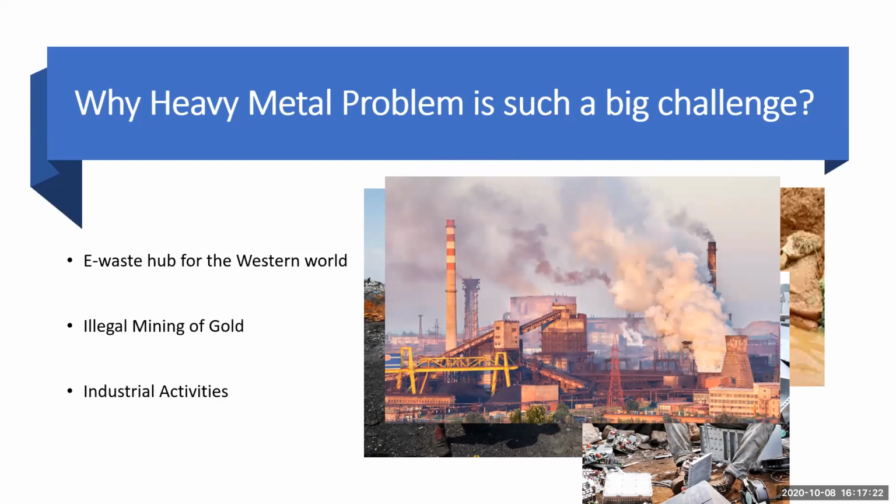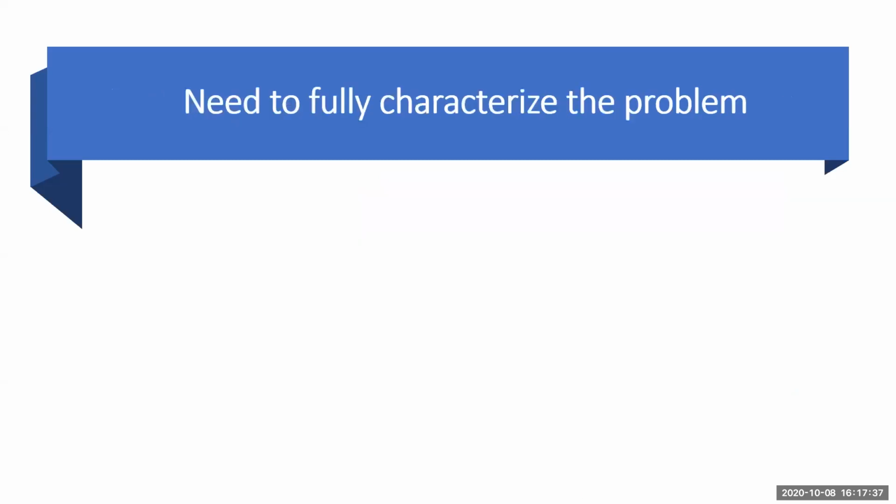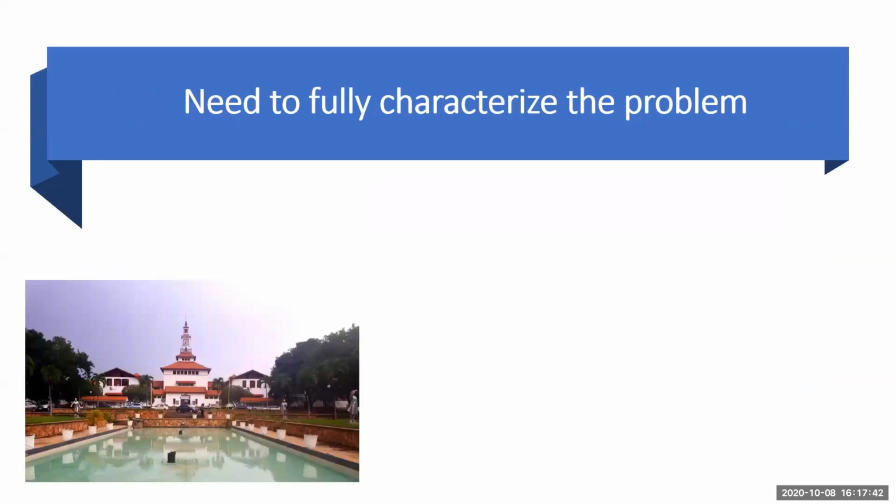Even though they are mandated to treat their effluent, most of them do not do it. So they end up discharging their effluents into the environment, and this also has implications for the coastal ecosystem. So therefore, there's the need to fully characterize this problem.